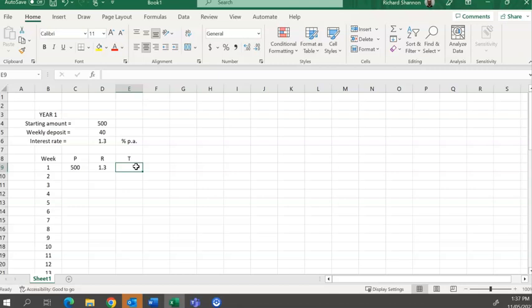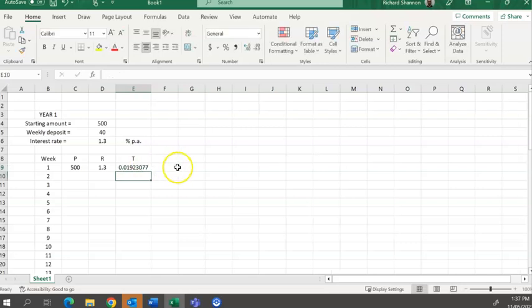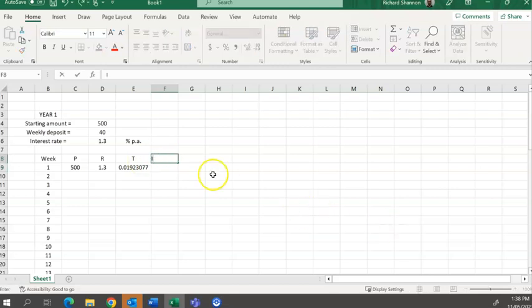I need to have 1/52 of a year because that's what a week is. So I go equals 1/52, that's 1 divided by 52. Enter. Cool. So that's my principal, that's my rate, and that's how long this little section of time is running for. Now I can calculate the interest. So I go capital I for interest.